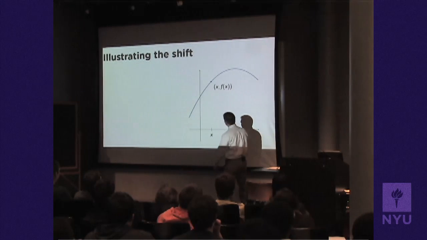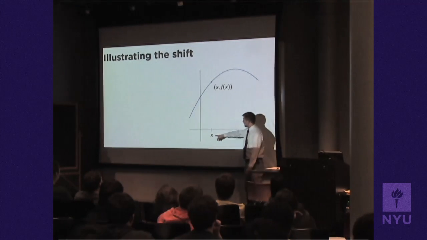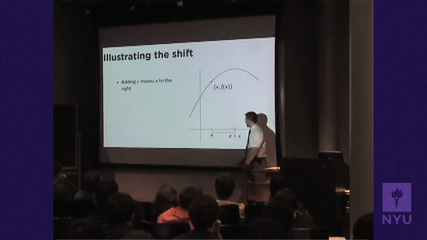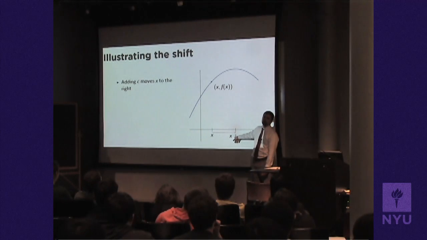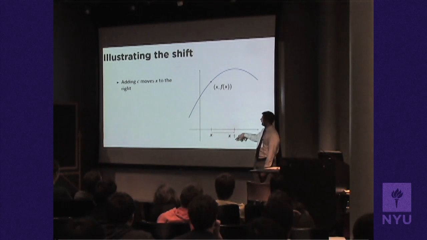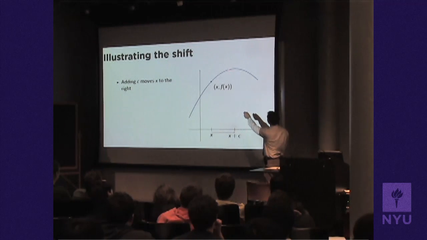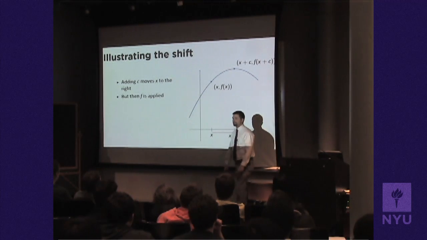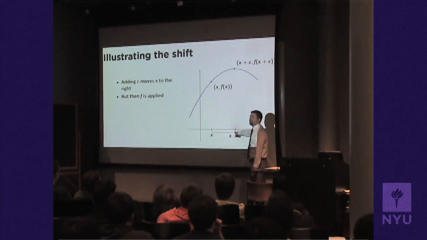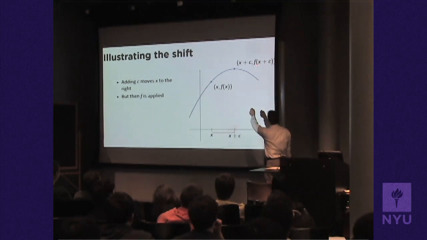If I want to graph x plus c, I take x and I move it over to x plus c. So far, so good, right? C is positive. We move to the right. What is f of x plus c? Well, that's the point on the graph above x plus c, which is up there. So if we're at x plus c, comma, f of x plus c, that's here.